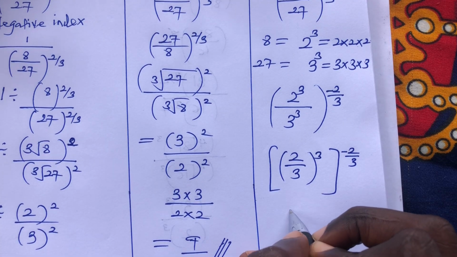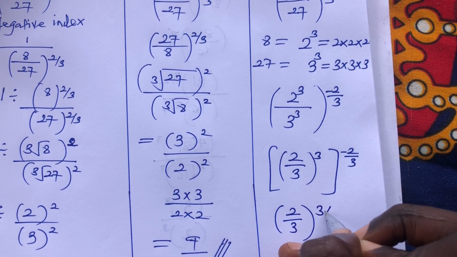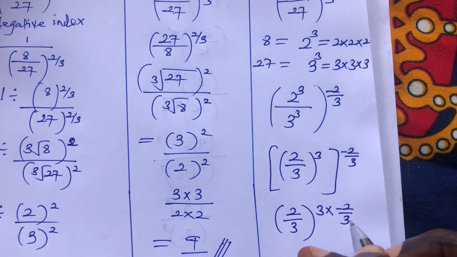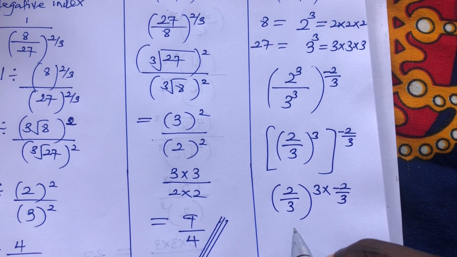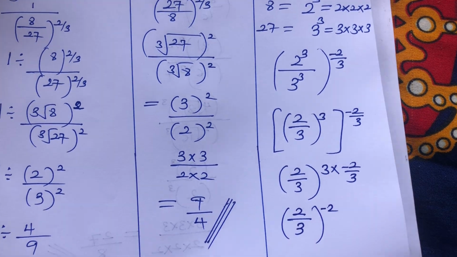Therefore, we multiply 3 times negative 2 divided by 3. Remember, 3 cancels 3, then what remains is 2 divided by 3, raised to the power negative 2.